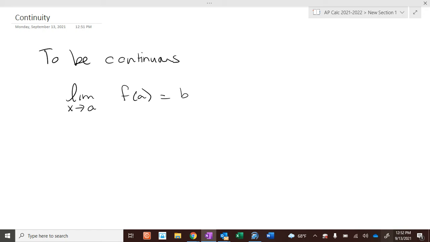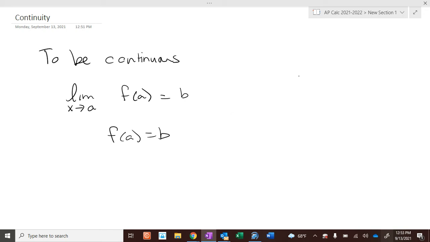You have to have a value there. It must equal something, and that's from the left and the right. And then f of a must equal b for every point on the function.